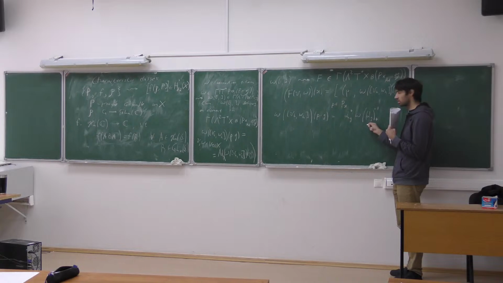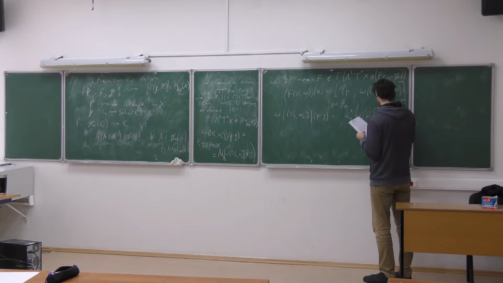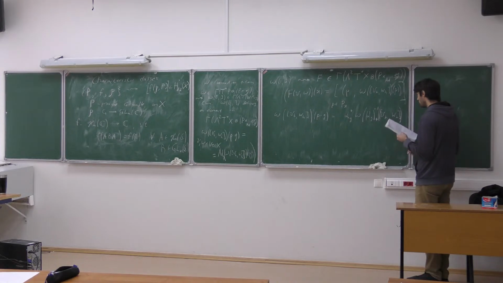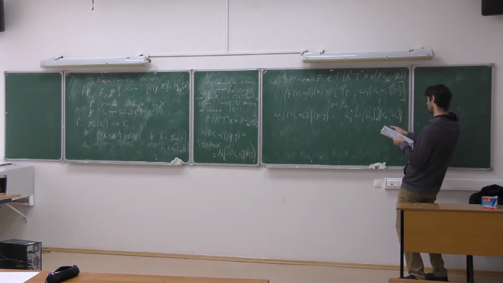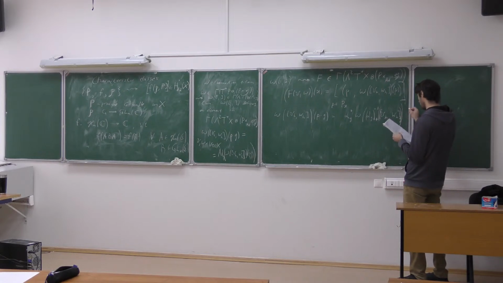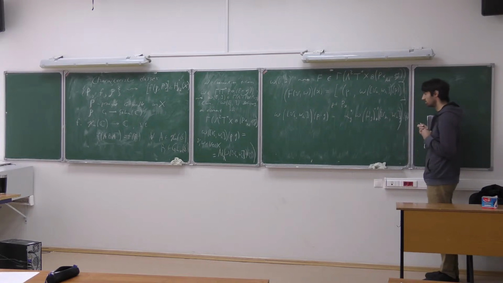Everywhere I can take inverses just because this is a diffeo. Of VH, well, of the commutator at point P. This is just from the definition of pullback.